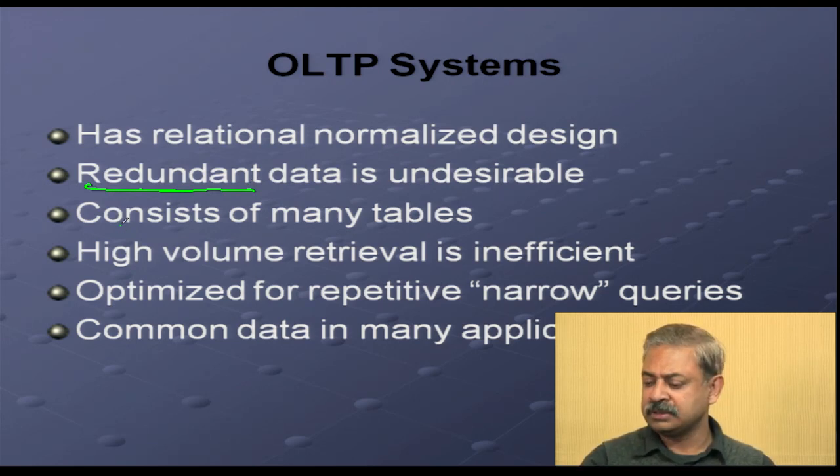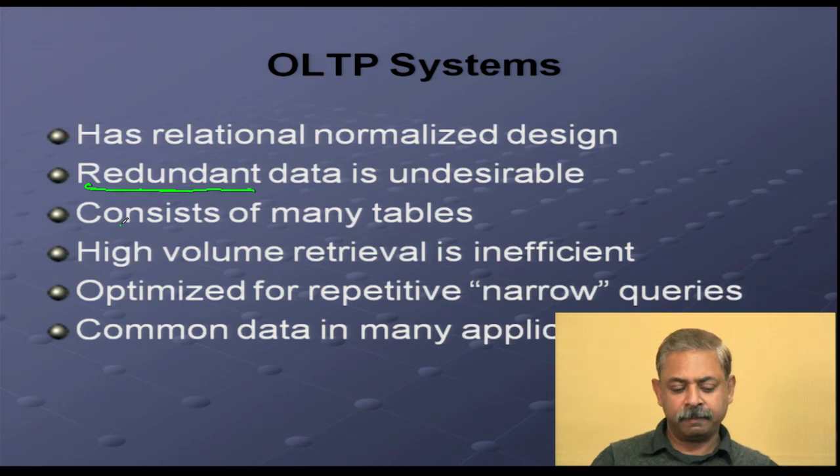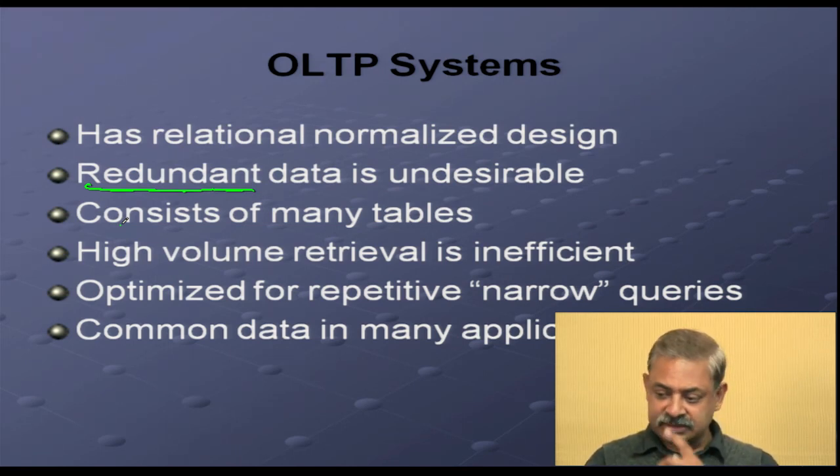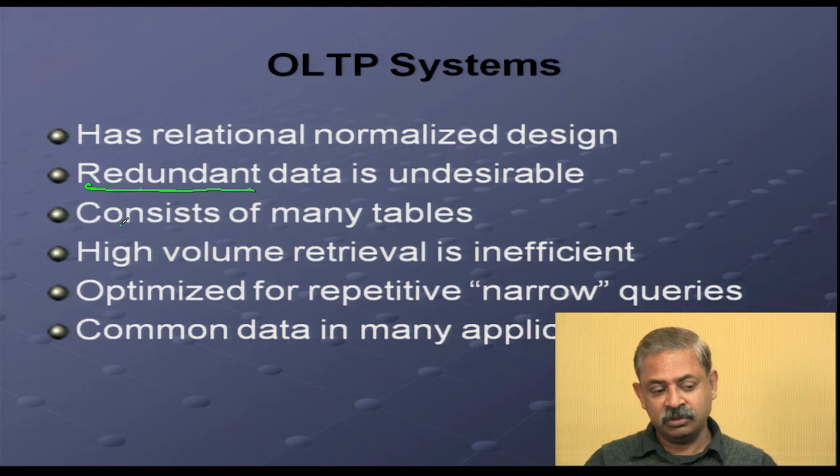It consists of many tables. There will be a good number of tables in your operational systems which will have data about the different entities and the kind of relationships that exist between those entities. One typical characteristic of OLTP systems is that high volume retrieval is inefficient, because they have not been designed for that purpose.